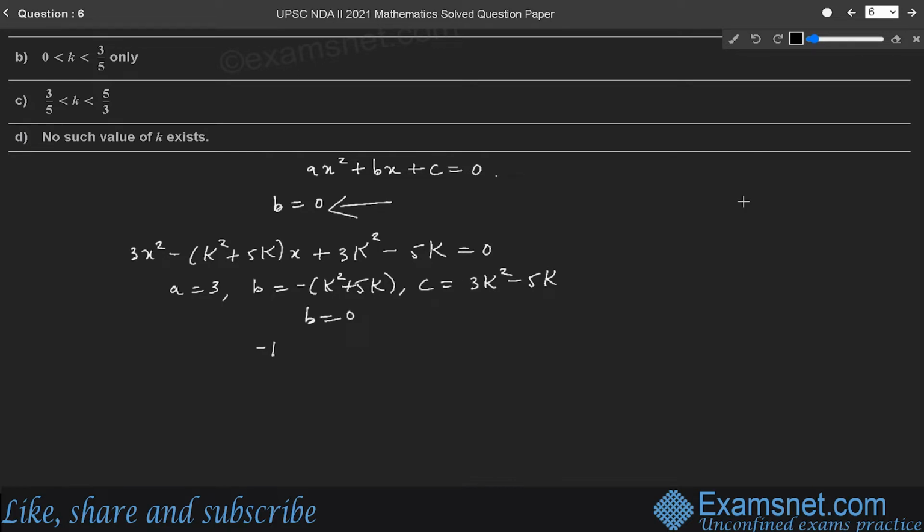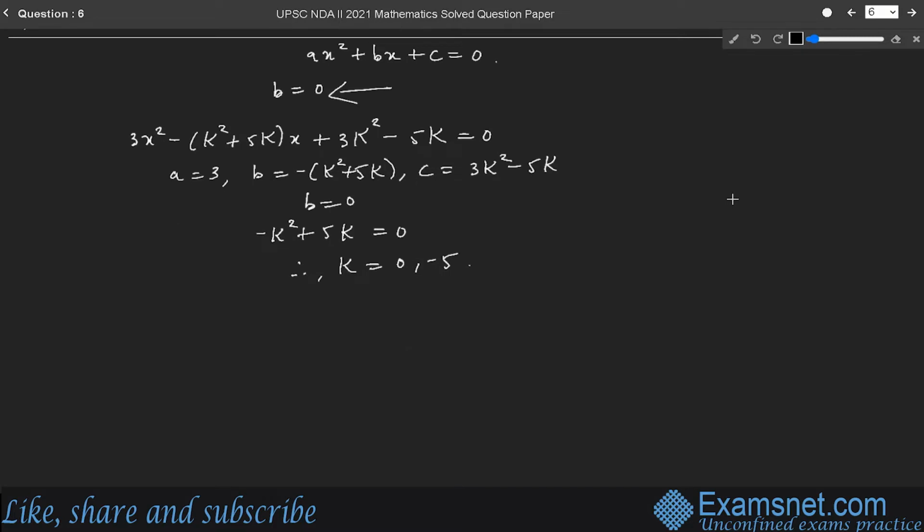It means that the value of b will also be equal to 0, that is minus (k square plus 5k) is equal to 0. Therefore k will be equal to 0 and minus 5. So these are the two values for k, and we have also seen that the product of roots is always less than 0, and the product of roots of a quadratic equation is given by c by a.